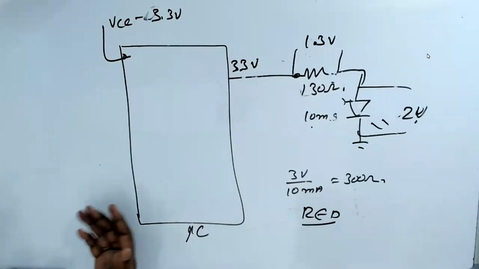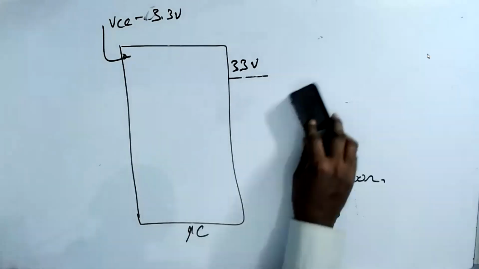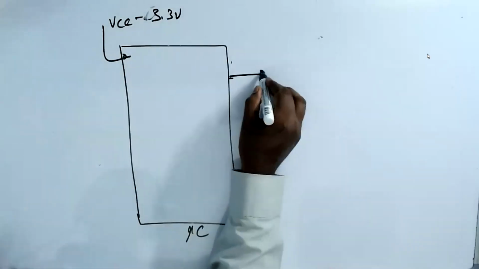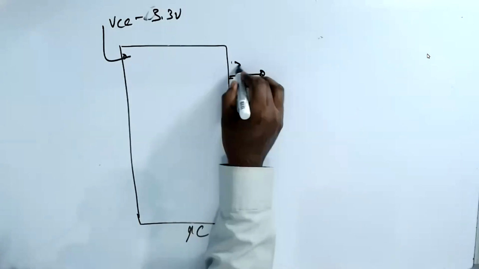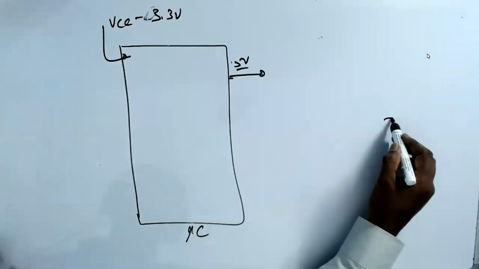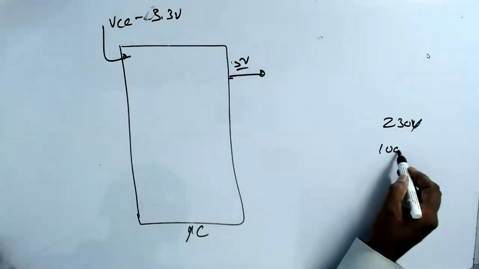Now we have a trick. This microcontroller pin is giving 5 volt, but I want to control a bulb of 230 volts, 100 watts. Think of it: 100 watts and 230 volts.